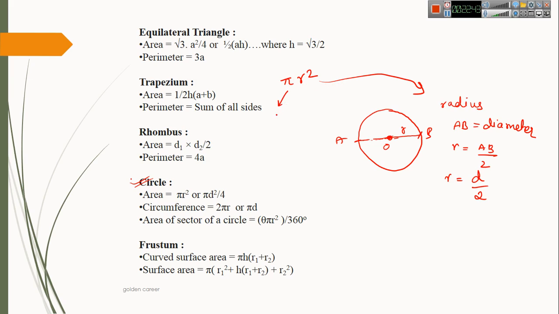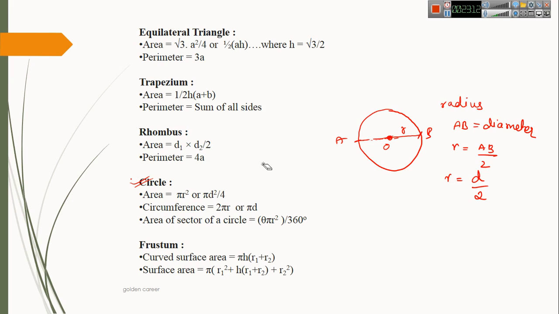Pi is a constant which has a value of 22 by 7 in fraction, which is also equal to 3.14. We mostly use this fractional value because it is easier for calculation, as it somewhat cuts with the diameter when we multiply and makes our calculation easier.